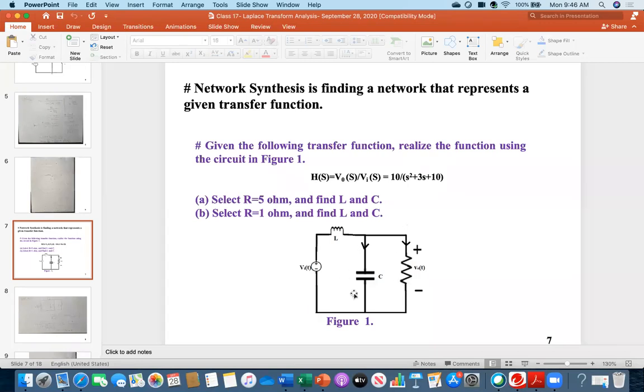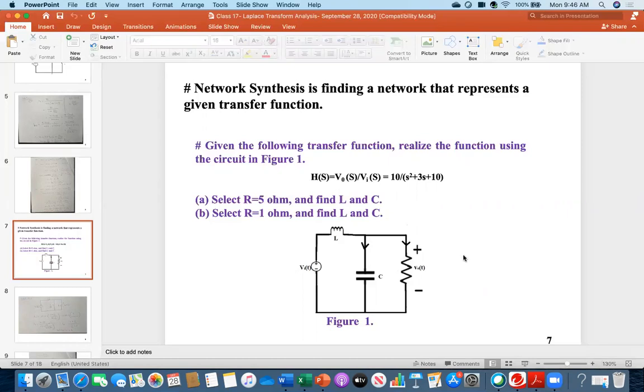And then, as it is, what you are finding in terms of L, C and R, what is your transfer function, how does it look, and then you will be making a similarity. So definitely, if you find out the transfer function Vo over Vi, there will be something in the numerator and something in the denominator, a function of s.